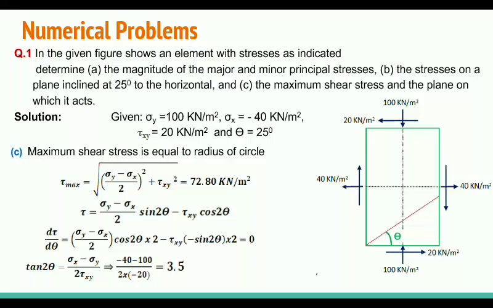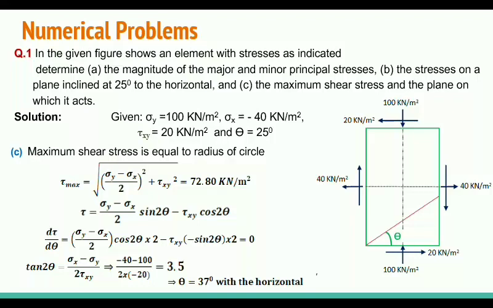Okay, so putting in all these values, we have sigma x, sigma y, tau xy. So we got 3.5. So we can calculate theta, and we get 37 degrees with the horizontal. So now we can say that on a plane inclined 37 degrees with the horizontal, the shear stress will be maximum.